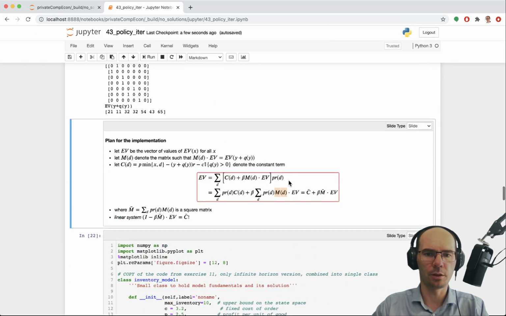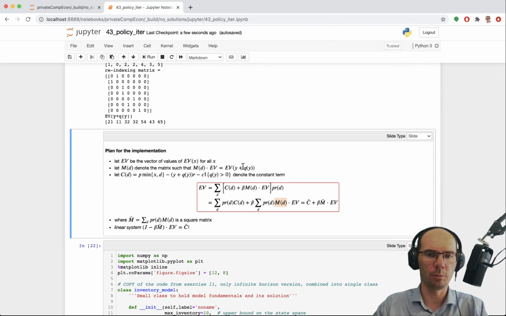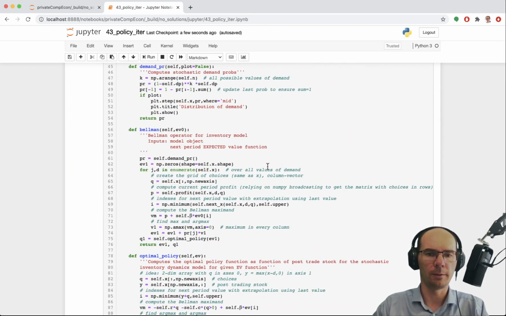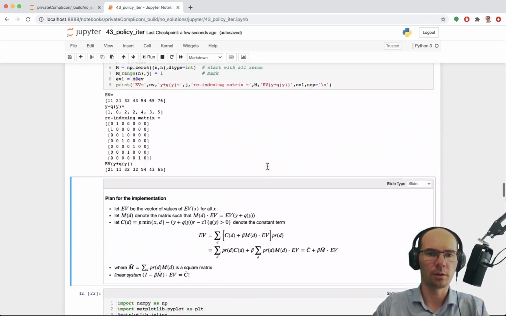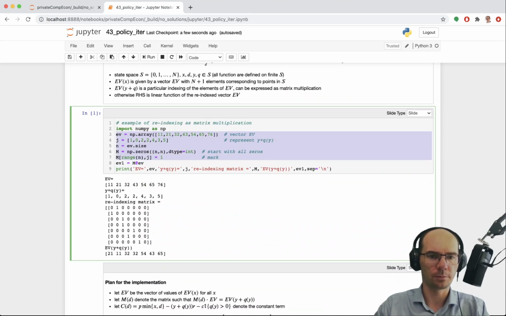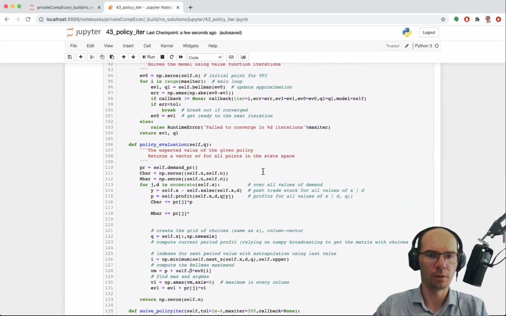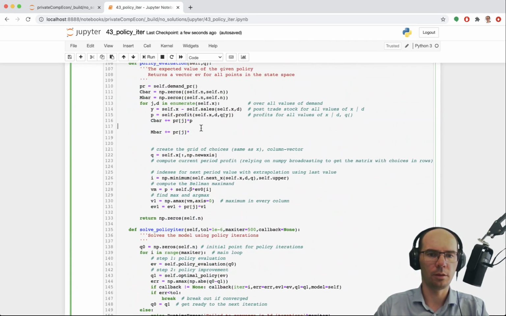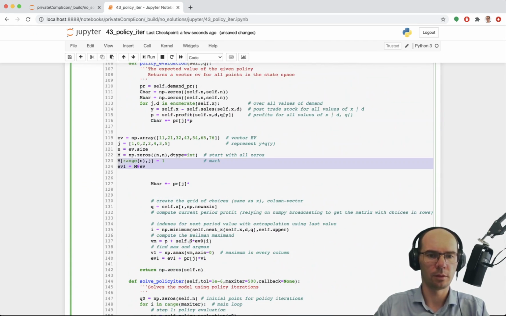Well, M bar is this M of D, and M of D is the matrix that computes the EV of this guy, the matrix, right? And here's our exercise. So let me copy this here. Here's an exercise. EV was given with that.